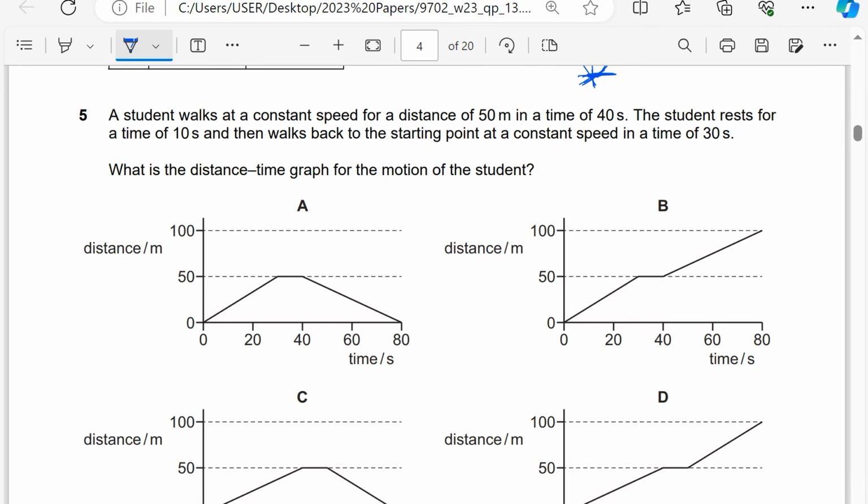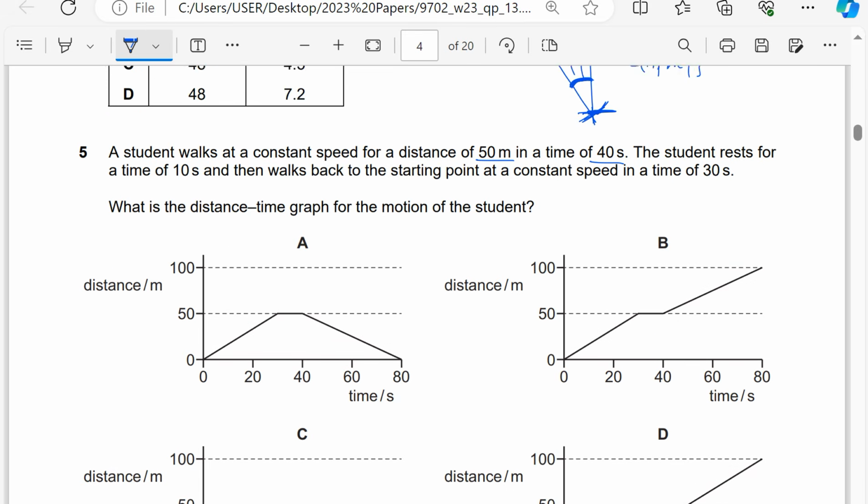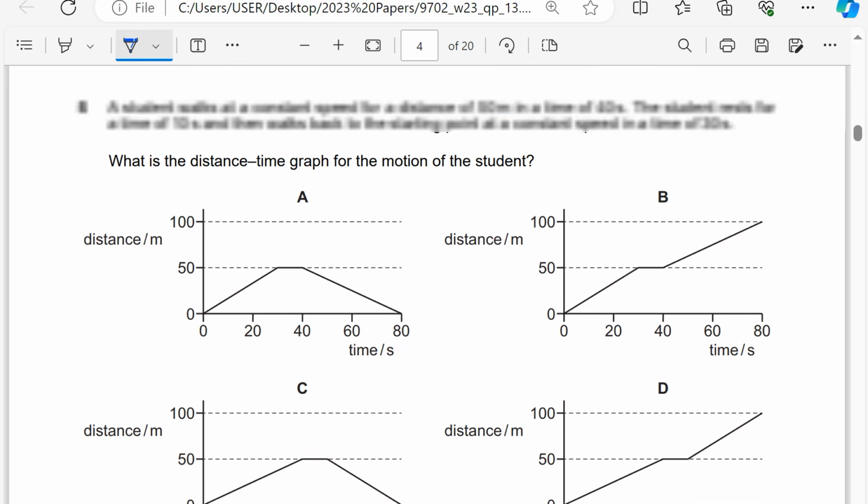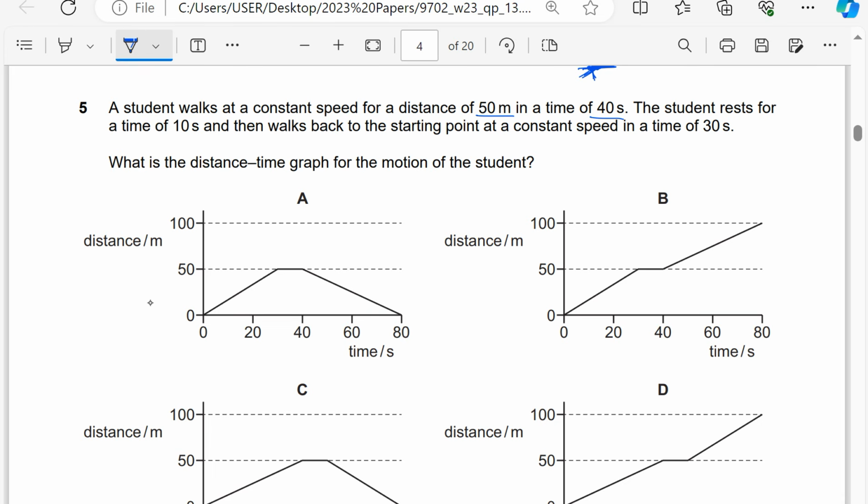A student walks at a constant speed for a distance of 550 meters in a time of 40 seconds. So constant speed, that is a straight line for 40 seconds. Let's first check for 40 seconds. So here at 40, it stops moving at a constant speed for less than 40 seconds. So A is automatically out.